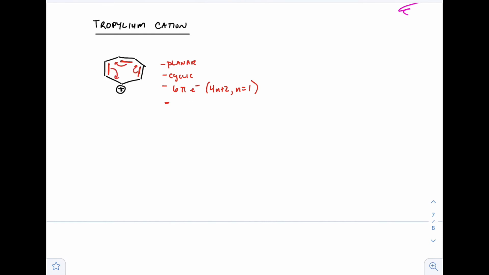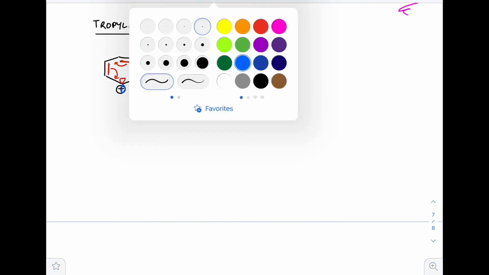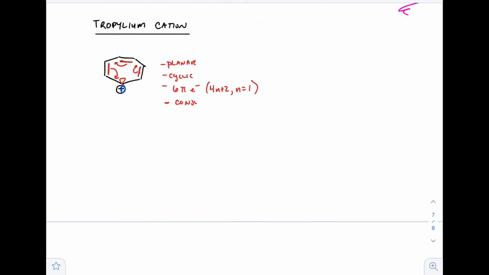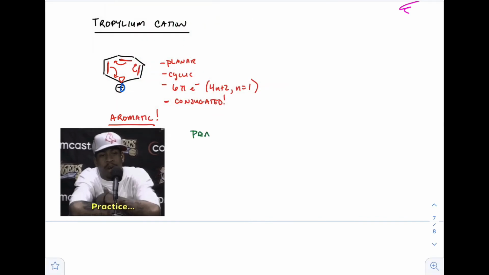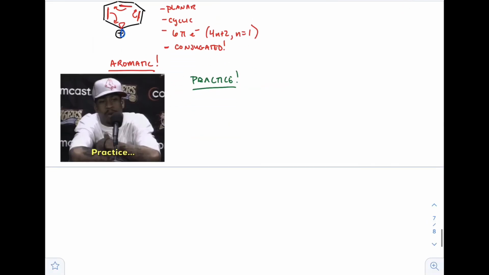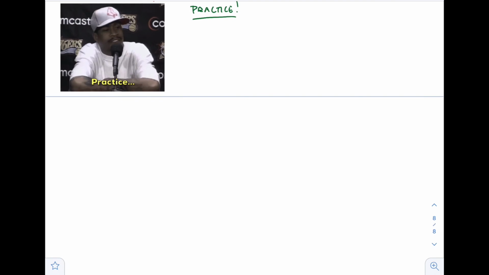It's easier if I show you the flow of electrons going counterclockwise. Boom, those electrons reside in the vacant p orbital now, and then it just shifts the positive charge everywhere. So it is conjugated, and therefore it is aromatic. That shows you that depending on the size of the ring, it could be positive, it could be negative.